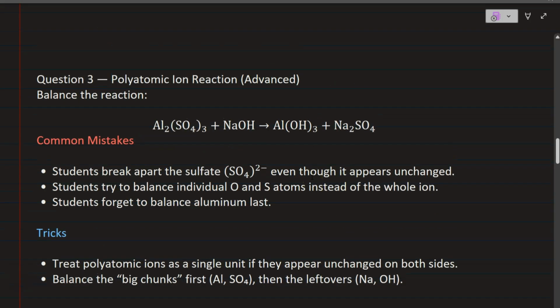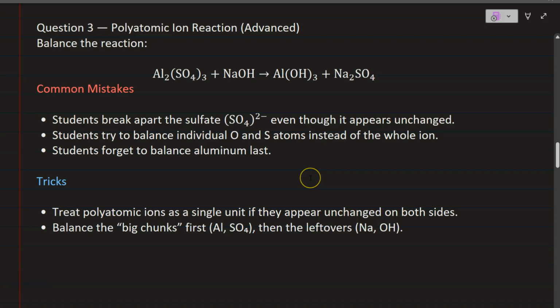All right, let's look at the last question. This question involves a polyatomic ion reaction. It is not super difficult, but it's a harder question. We have aluminum sulfate on the left-hand side, and then sodium hydroxide, and of course a double replacement, and you get aluminum hydroxide and sodium sulfate on the other side.